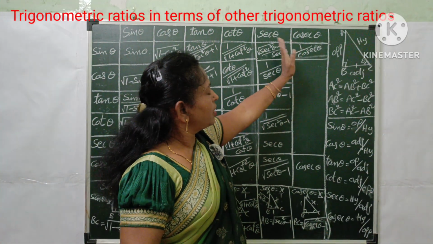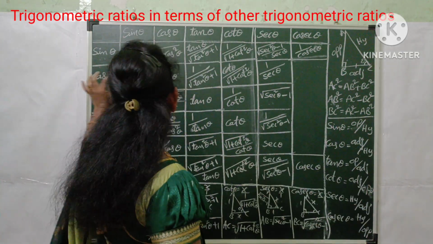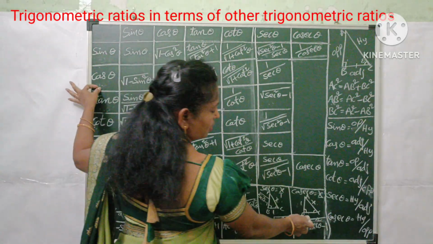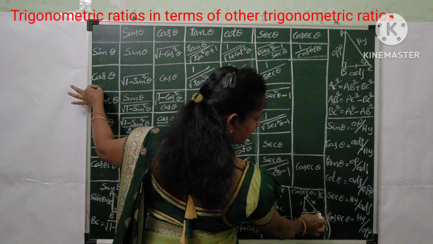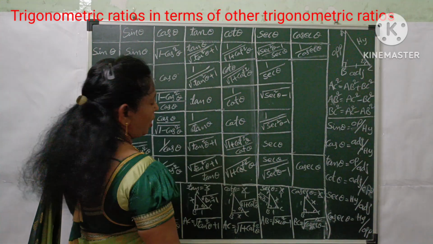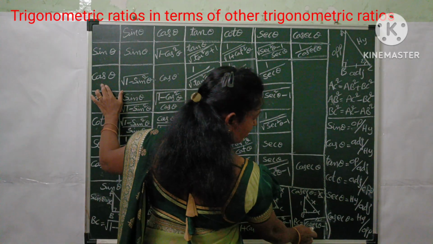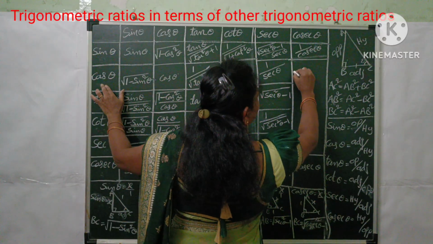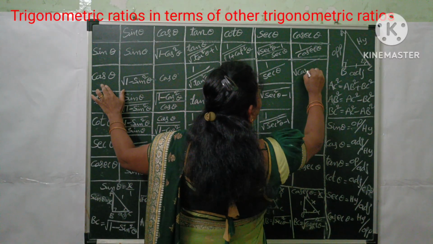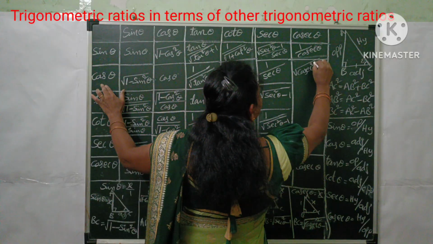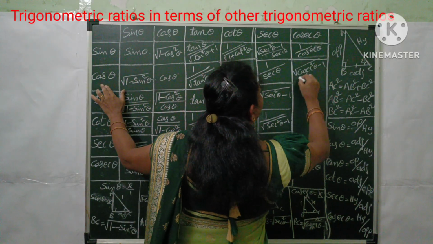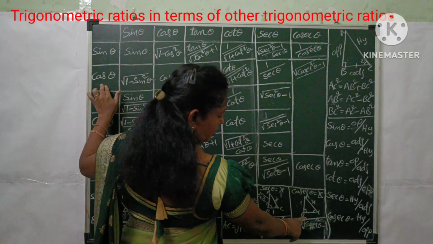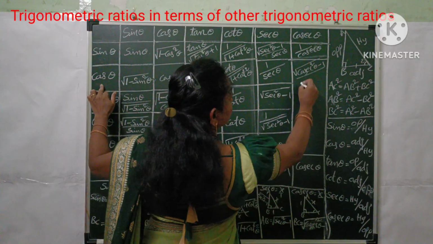Okay, sin reciprocal is cosecant. Next one, cos. Cos means adjacent by hypotenuse. Adjacent is square root of cosecant square theta minus 1, by hypotenuse, cosecant theta.